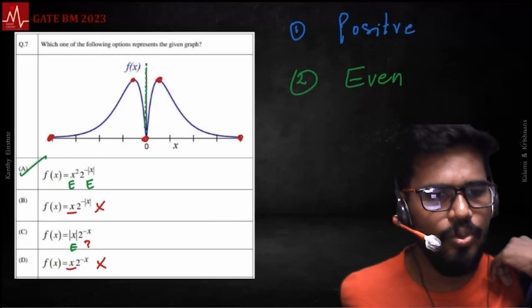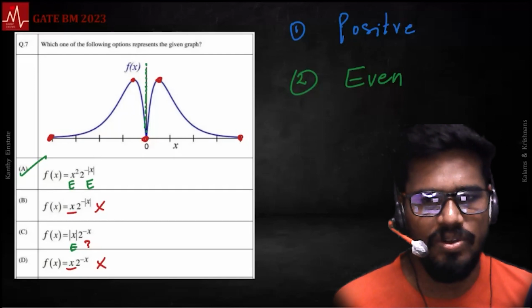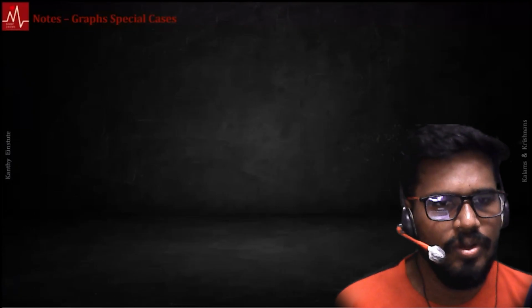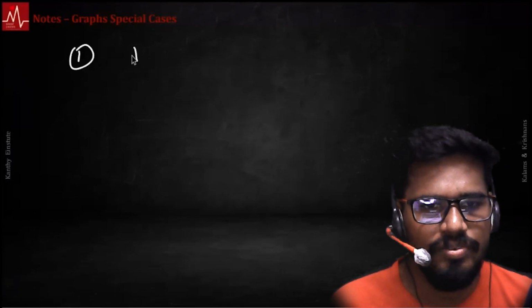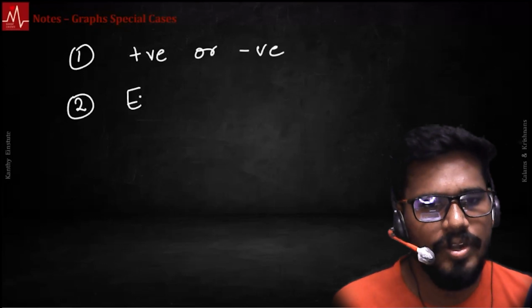Typically, what should you look for? Let's note down some of the things that I would look for. One, check what I just did, positive or negative. Then even, odd: is it even, odd, neither?